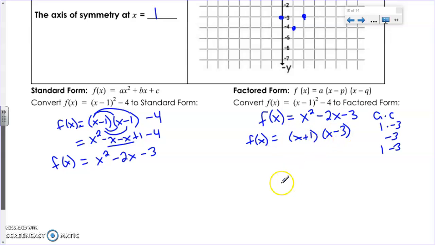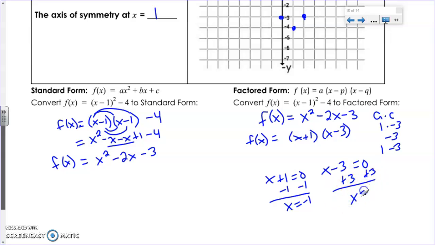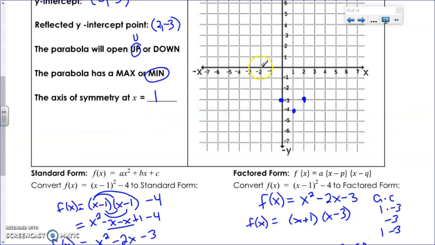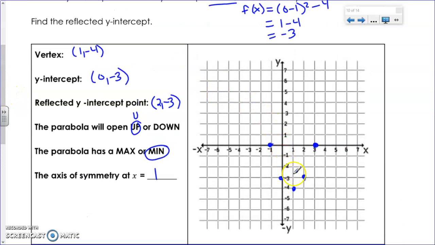So if I look at this, I could easily find my zeros. I subtract 1, x equals negative 1. Add 3, x equals 3. So I could go back up to my graph, and at (-1, 0) and at (3, 0), I know where my intercept solutions, the roots, are going to be.